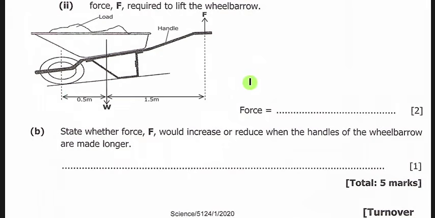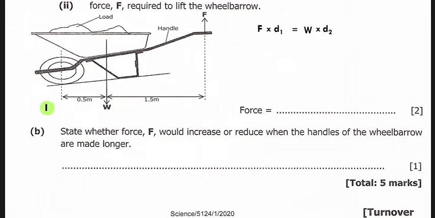So force F times D1, which is the distance from the pivot to where the force is, equals the weight times D2, which is the distance of the weight from the pivot.